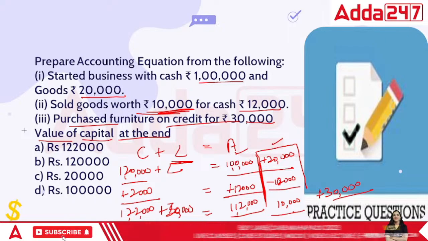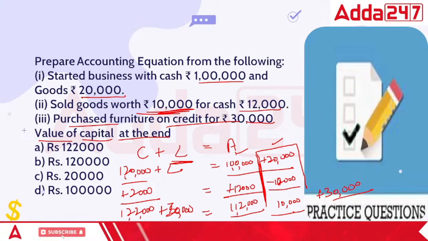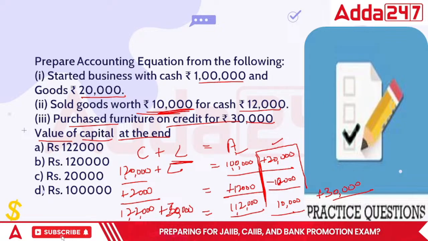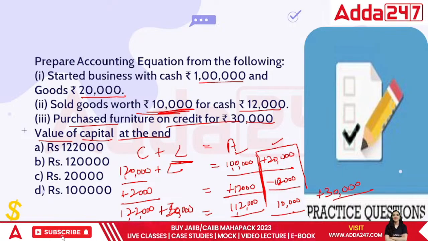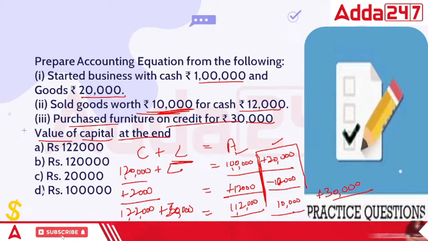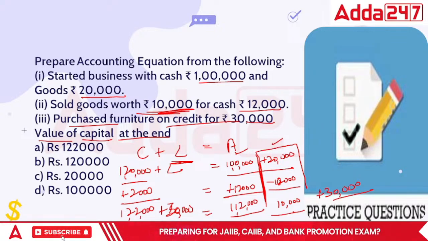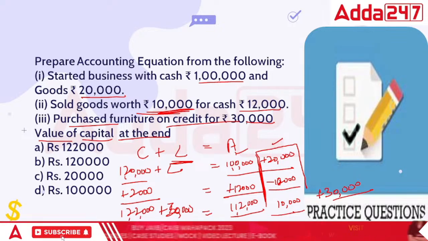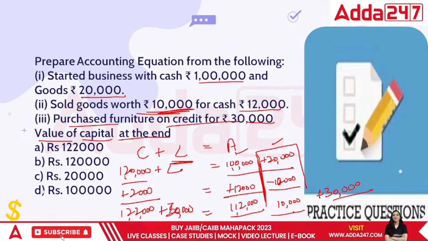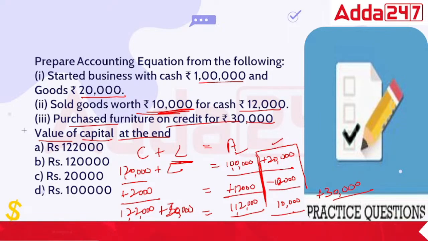I hope it's helping. So in this case, first is, what is the value of the capital at the end? 1,20,000, 1,22,000, or 1 lakh, that is 20,000 or 1 lakh? Has the value remained the same or has it changed?